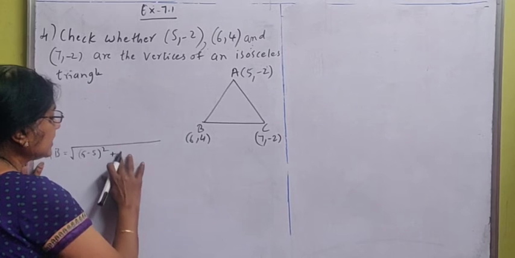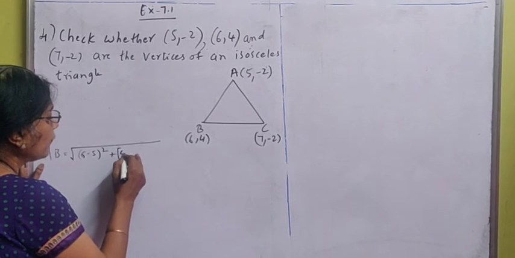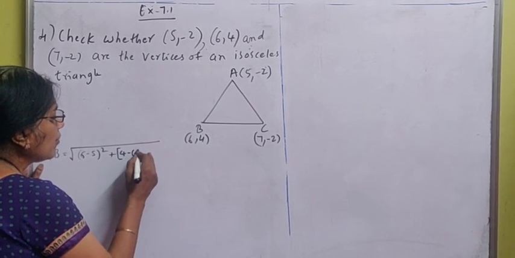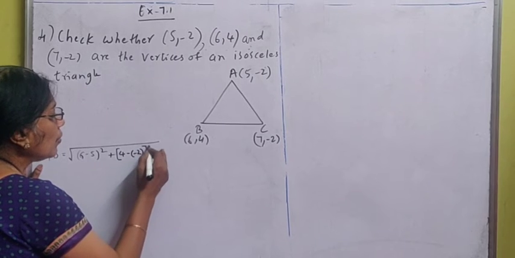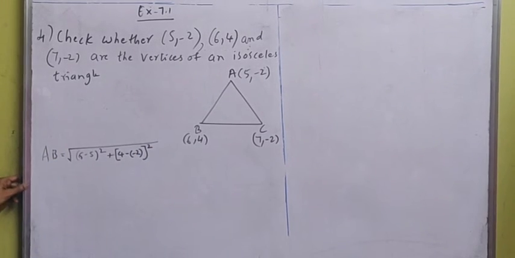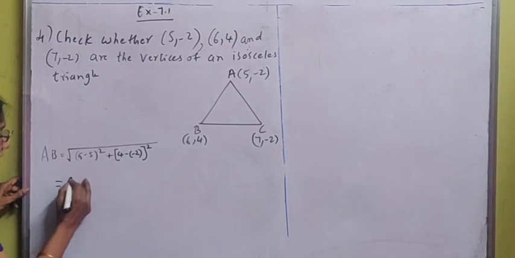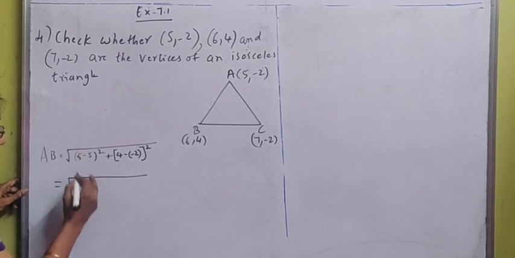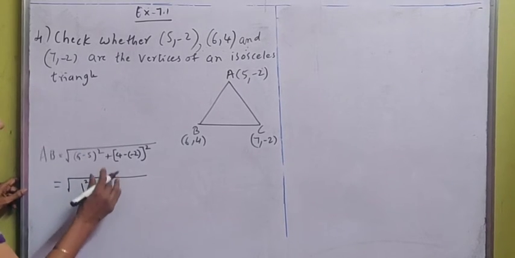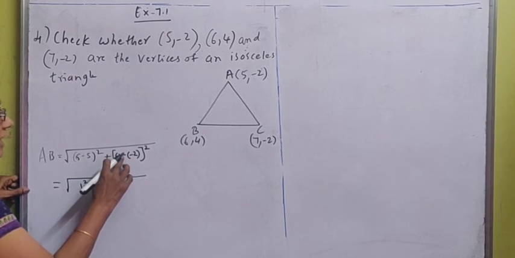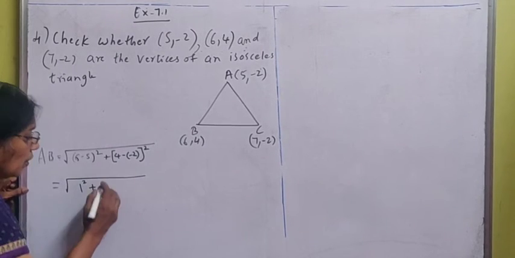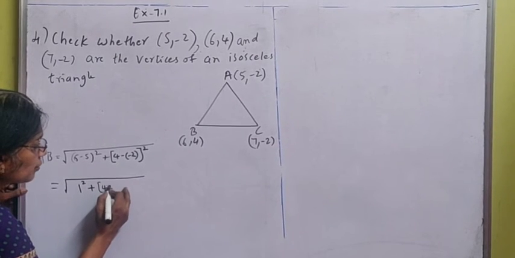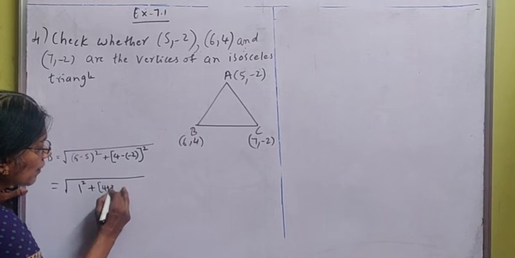Since a minus sign is there, we'll put a big bracket: (4 minus of minus 2) the whole square. So what shall we get? 6 minus 5 is how much? 1. So 1 square plus (4 minus of minus 2), that is (4 plus 2) the whole square.